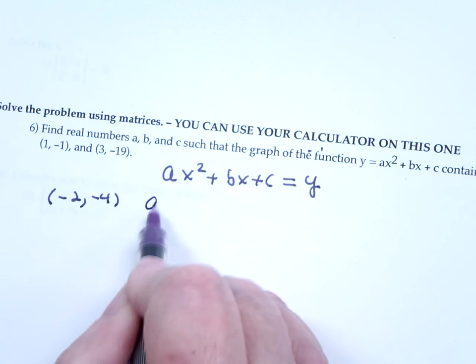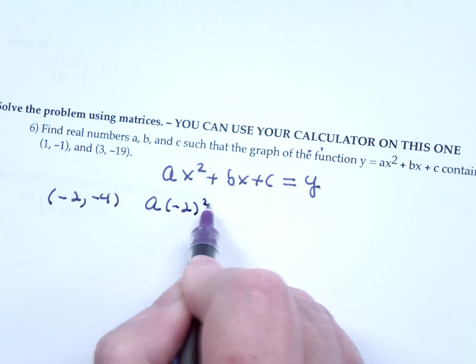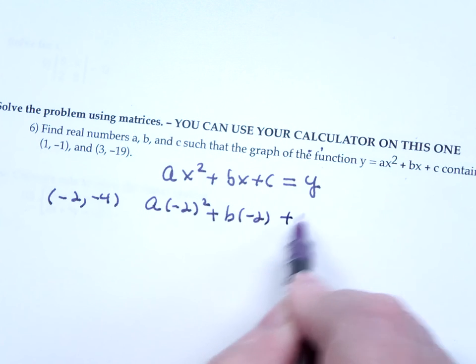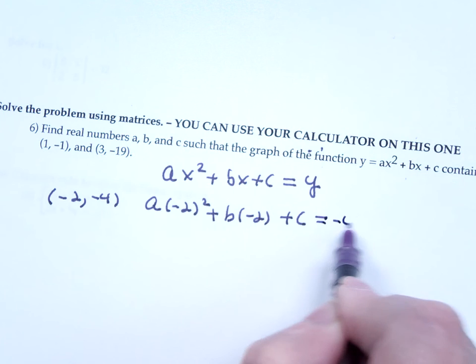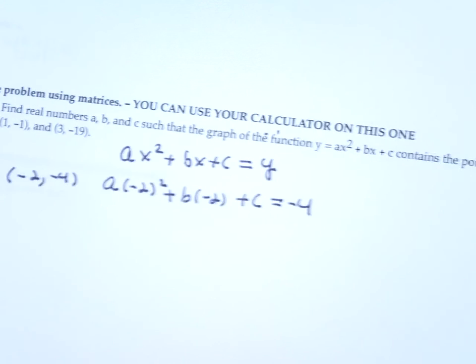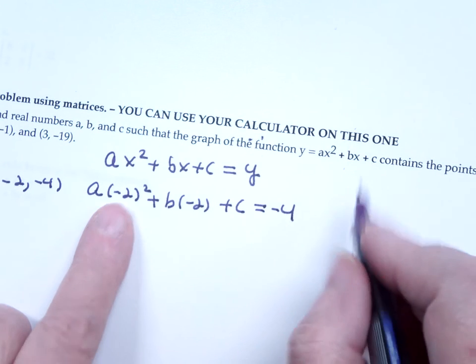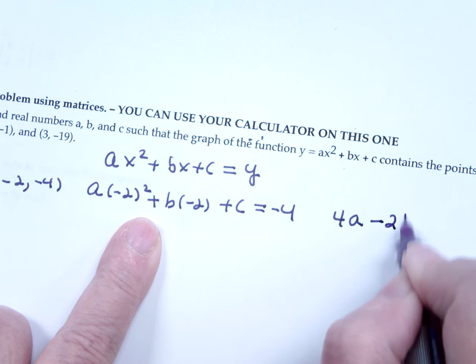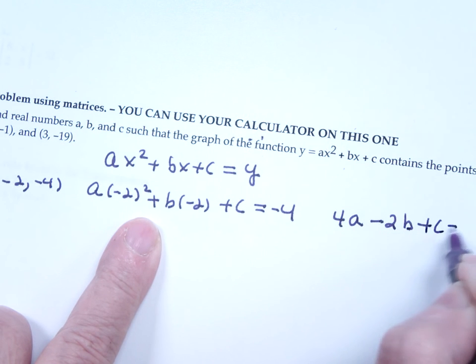So a times negative 2 squared plus b times negative 2 plus c equals negative 4. My equation will be, 2 squared is 4, 4a minus 2b plus c is negative 4.